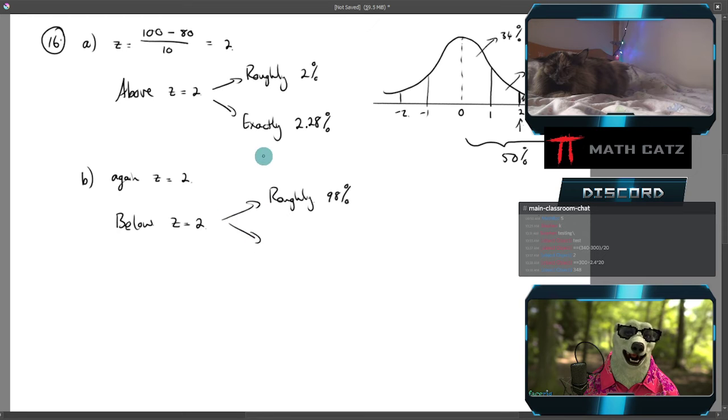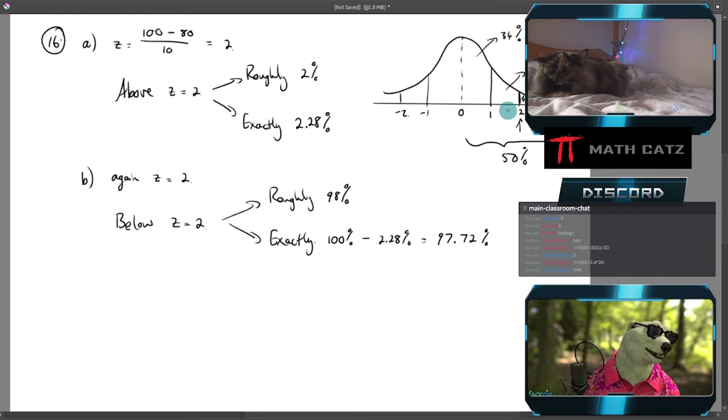I can take this exact amount for the exact answer. If 2.28% is in the tail, then 100% minus 2.28%, which will be 97.72%, will sit on the left of that line.